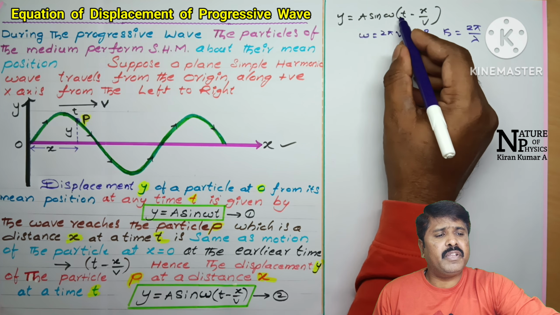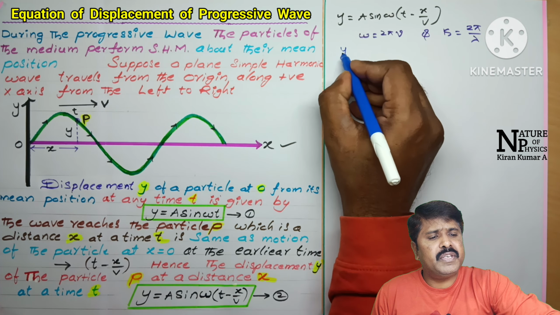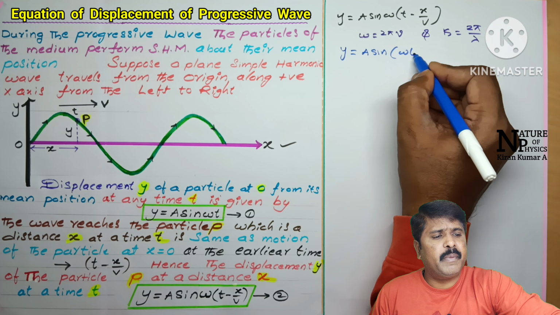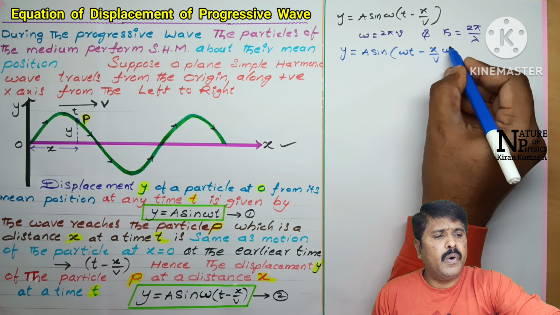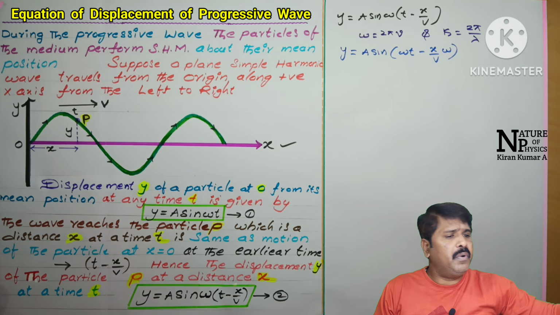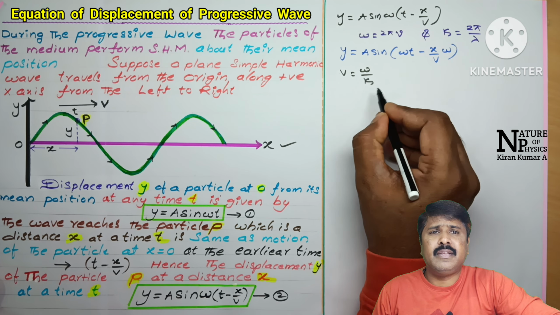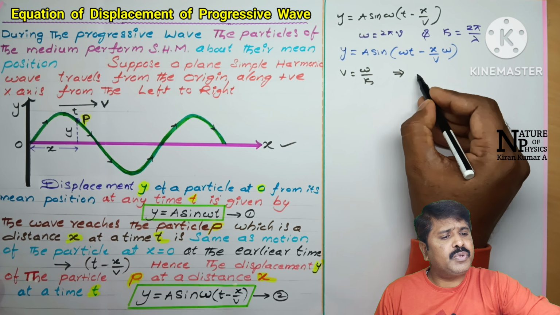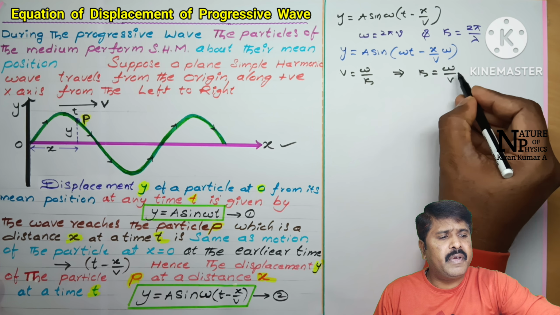First I am multiplying by omega, so y equals a sin of omega t minus x divided by v into omega. The velocity of the wave v equals omega divided by k, which represents the wave velocity. From this, k equals omega divided by v.